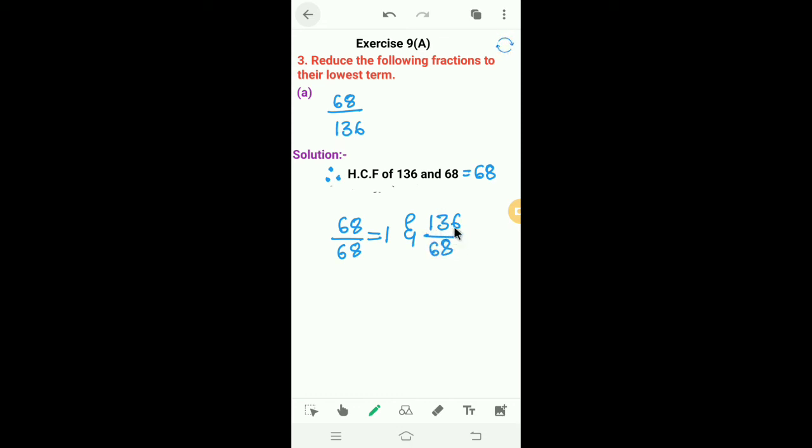When we divide 136 by 68, then the answer is 2. Therefore, 68 by 136 is equal to 1 by 2. 1 by 2 is the lowest term of 68 by 136.